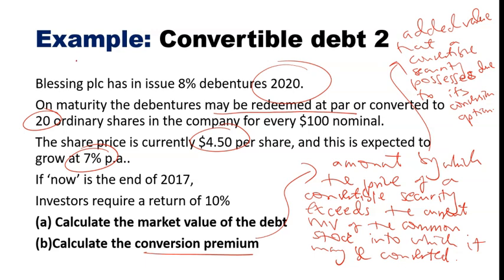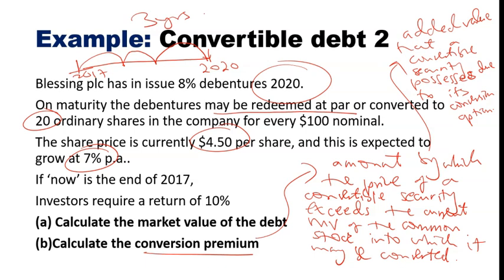Today is 2017, and redemption is in 2020. So 2018, that's 1, 2019, 2, 2020, 3. So we are looking at 3 years.